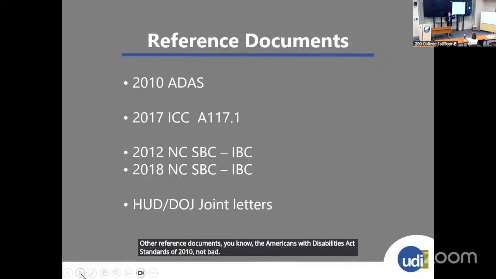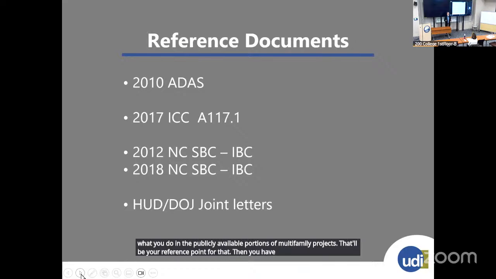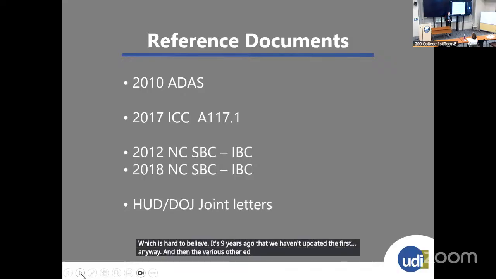They're themselves dated, they update far less often than the A117.1 does, but as a reference document and something that may guide what you do in the publicly available portions of multifamily projects, that'll be your reference point for that. Then you have pretty much the current law of the land in terms of building codes, the 2017 edition, which is hard to believe. It's 9 years ago that we haven't updated it for anyway. And then the various other editions of the International Building Code.